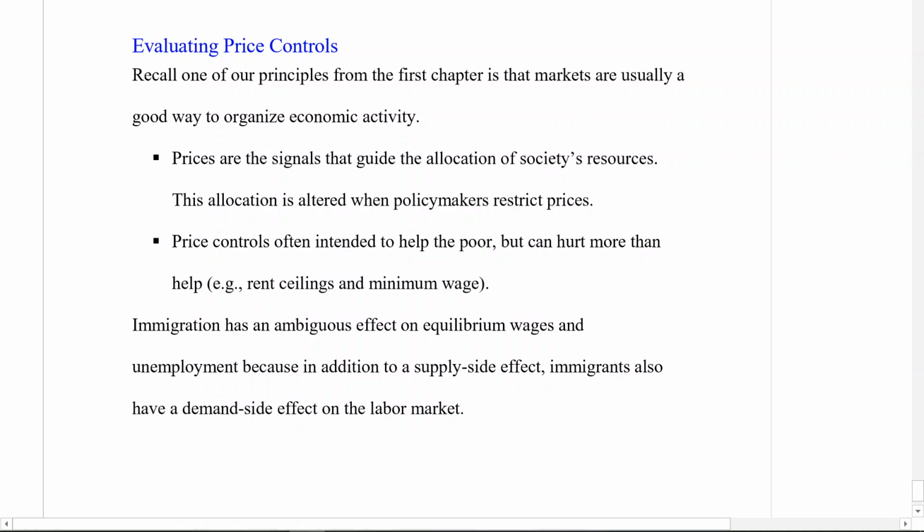You put minimum wages in place, and there's some offsetting effects on a potential reduction in employment. So with these policies, it's always important to consider not just what's happening, who it's trying to help, but what are potentially some unintended and potentially negative consequences from the policies as well.